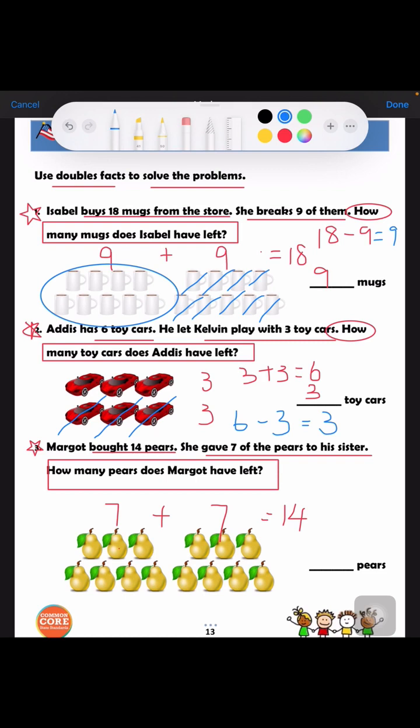And then she gave 7 of the pairs to her sister, so we cross out 7 pairs, which is half of it. So how many pairs does Margot have left? Yes, 7, because 14 minus 7 equals 7. Margot has 7 pairs left.